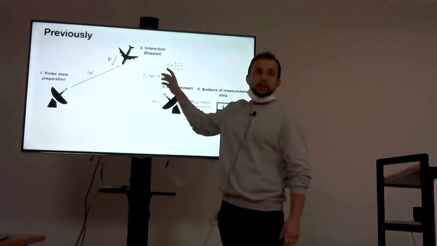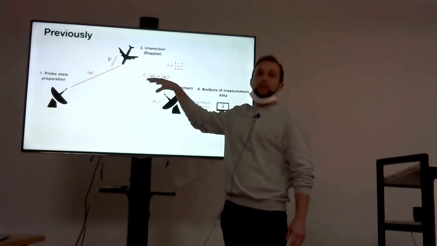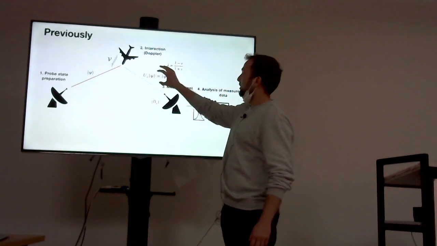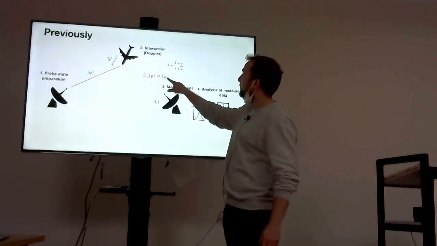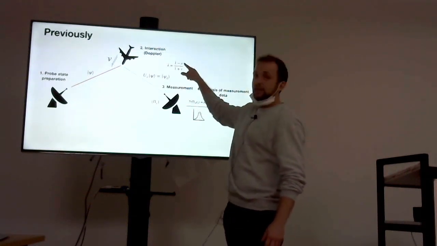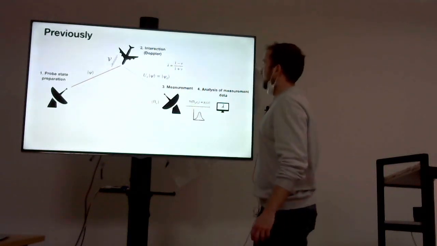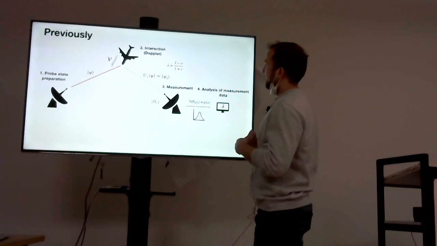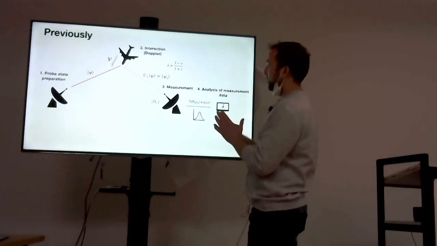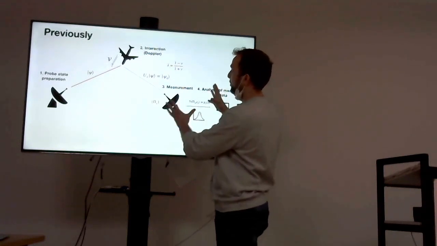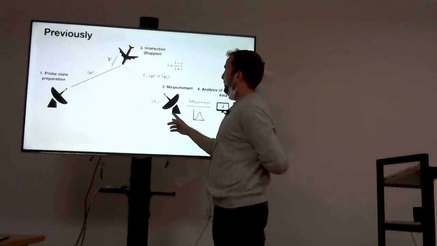This interaction can be described with a unitary transformation, and this transformation imprints this parameter lambda, which is related to the velocity, onto the state. Then after this interaction, the third step comes. We have to collect the probe state and then measure it.